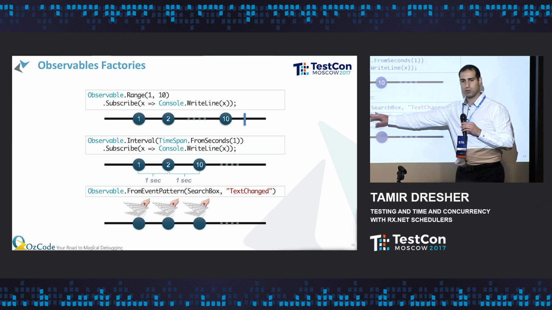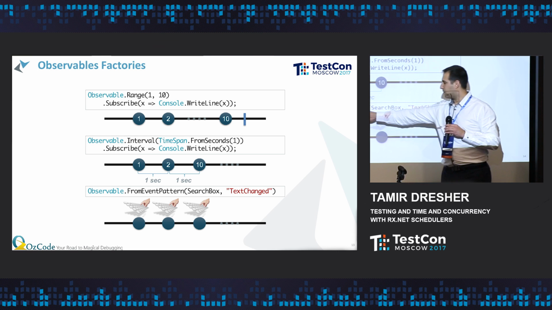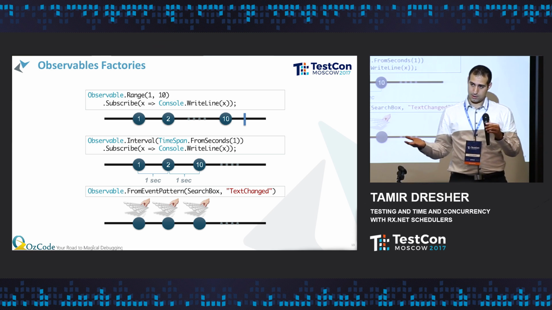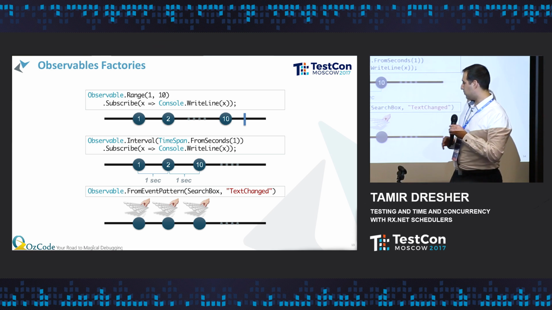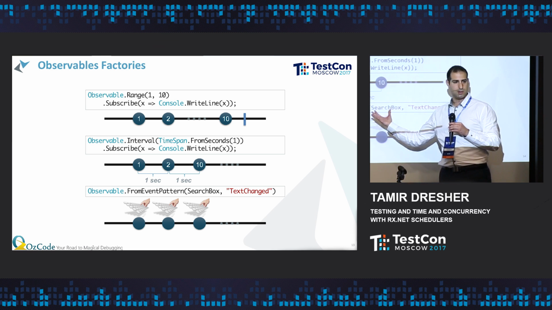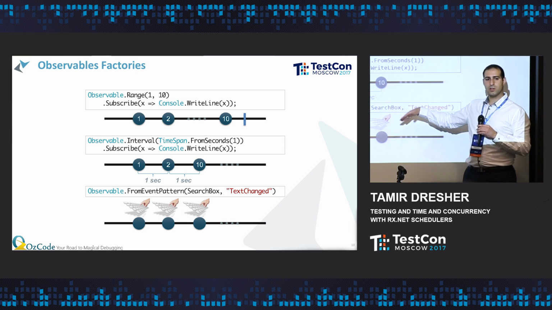The example I'm going to show you in a moment uses the from event pattern, because in many languages we already have events. They are just not easy or efficient to use. So observables and Reactive Extensions give me the ability to take an existing event, no matter what language you use, and create an observable from it.